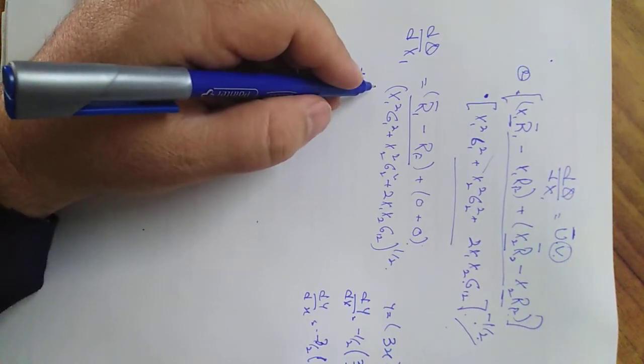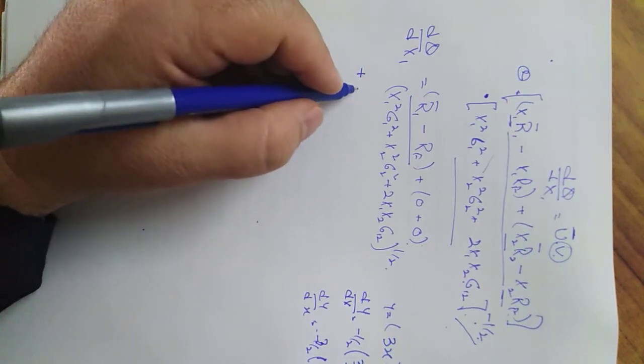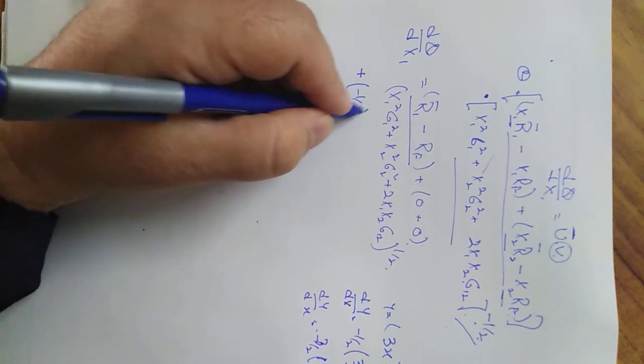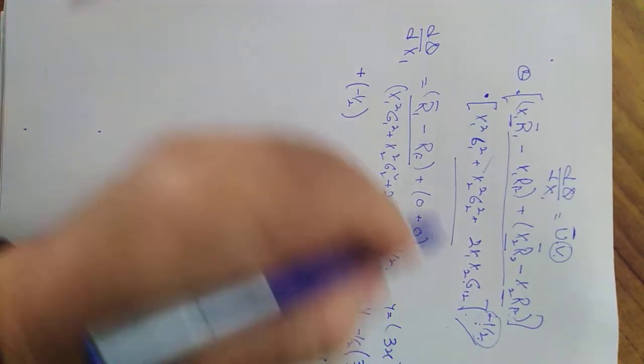We'll follow the same rule over here. First of all, we take the minus 1 upon 2.